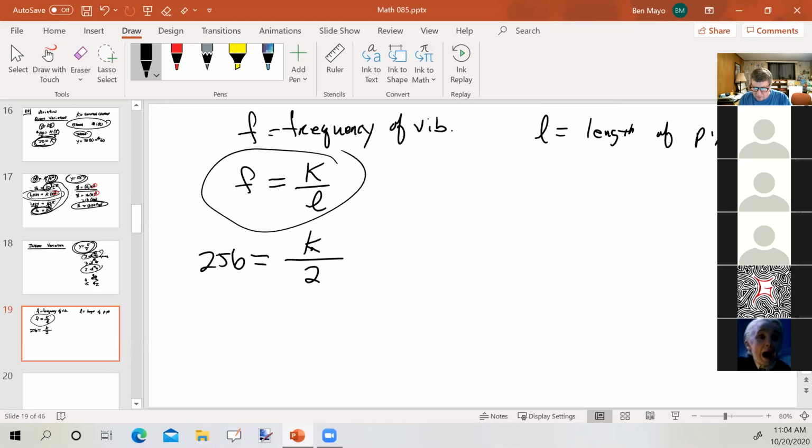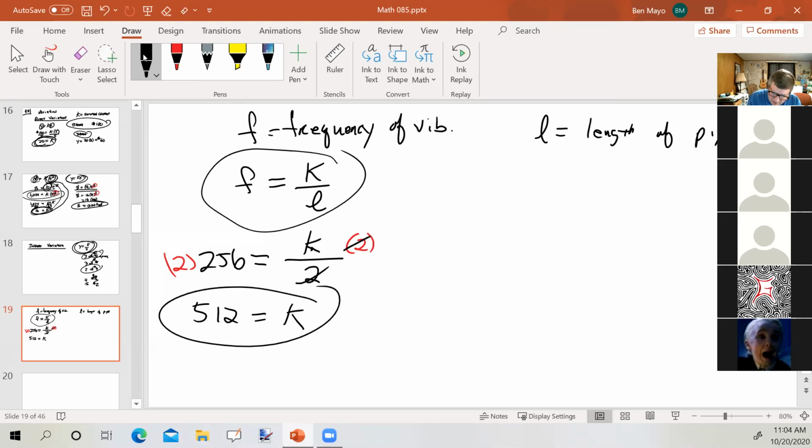What we need to do now is solve for K. So if 256 equals K over 2, what would we do to solve for K? Would you multiply by 2? Okay. And which would give us what? 512 equals K. Yep.